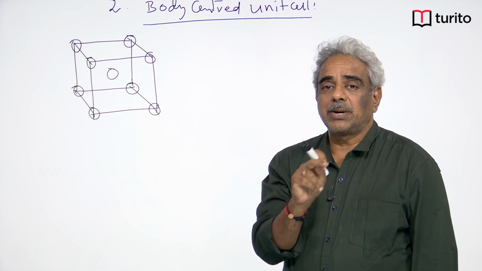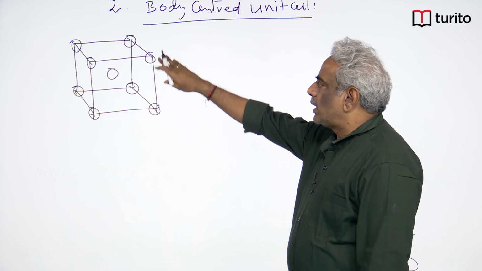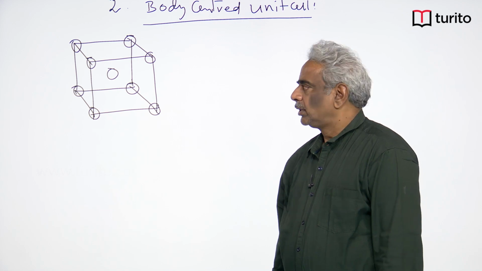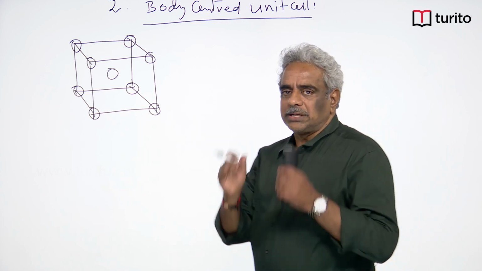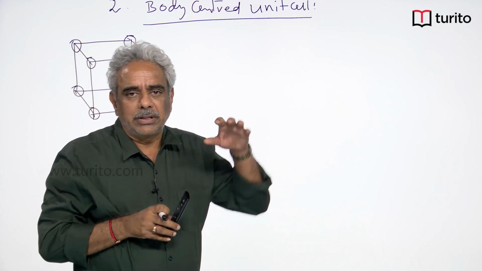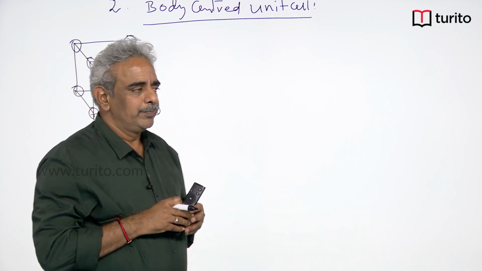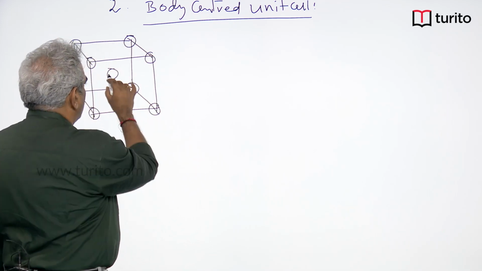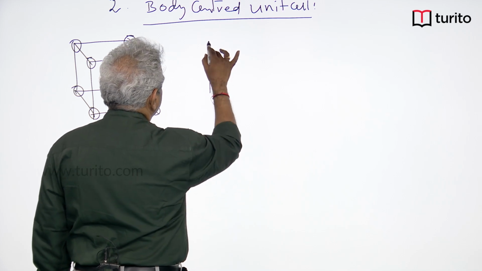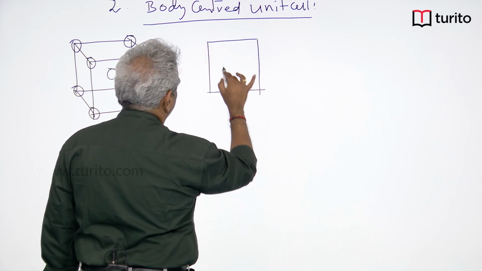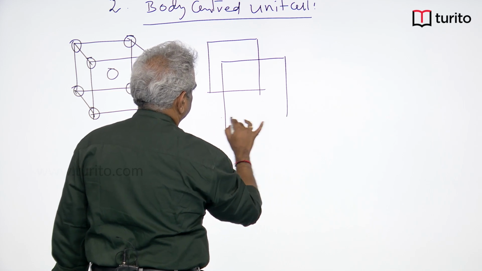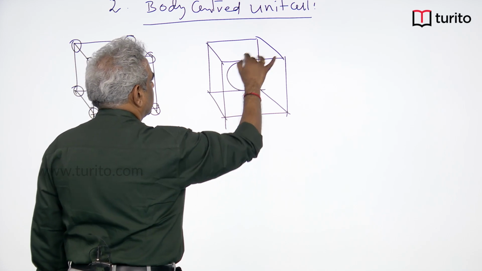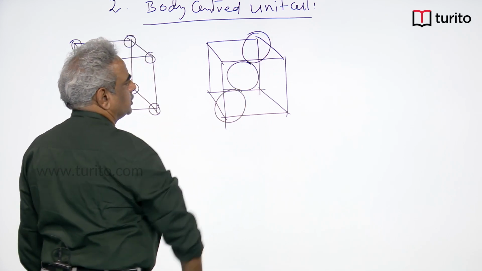You need to know the description of the unit cell: who are in contact, who are not in contact, if they are identical spheres. The body center atom will be in contact with all the corner atoms. So the corner atoms will not be in mutual contact, but the body center atom will be in contact. If I draw it in a more magnified form, there is a body center atom which will be in contact with the corner atoms.